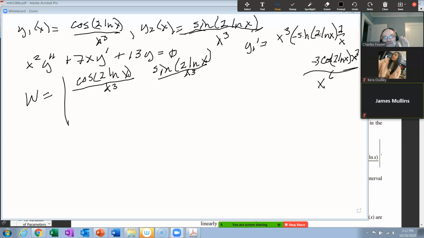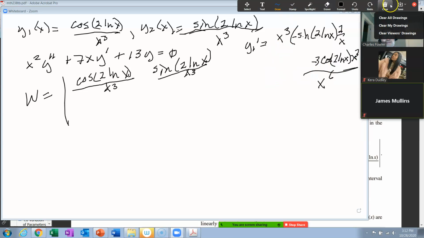So in other words, we got a minus 2 from here, x squared from those two terms, sine of 2 log x, and that's over x to the 6th. And here we have a minus 3 times x cubed times the cosine of 2 log x. Now that was a mouthful and a half.